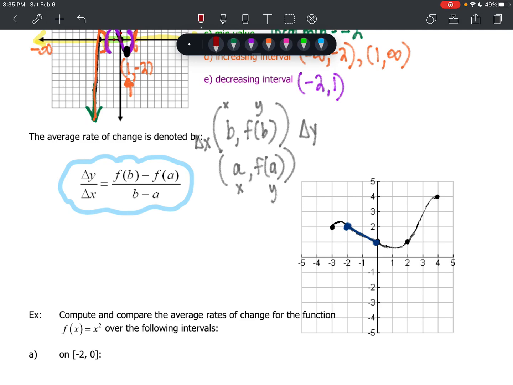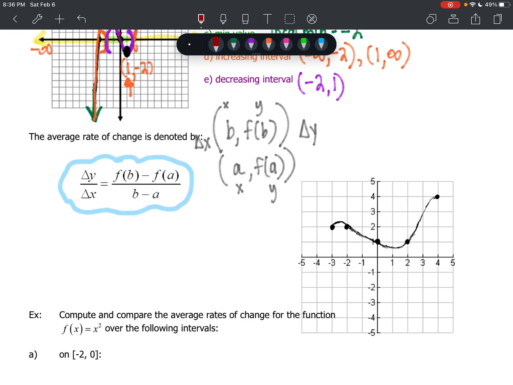If I found the slope between these 2 points, I would get a positive value. If I found the slope between these 2 points, I would get a value of 0. There is no change in y. So it all depends on the 2 points that we're looking at. What x values are we comparing?